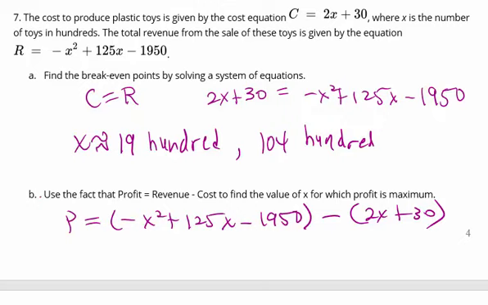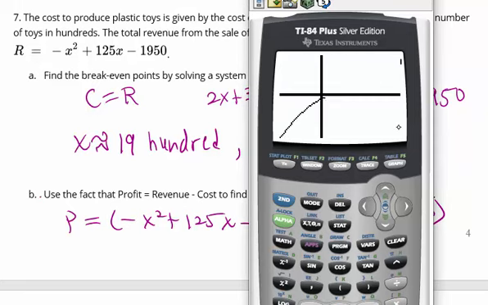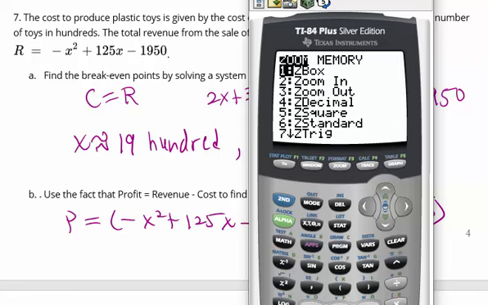You can simplify this or leave it if you plan on using your calculator to find the maximum or find the vertex. So I didn't simplify, I just entered this function just as I have written it, and I'm going to hit graph and see what happens. Okay, so I can see where the maximum is. I may want to zoom in, but this is not necessary.